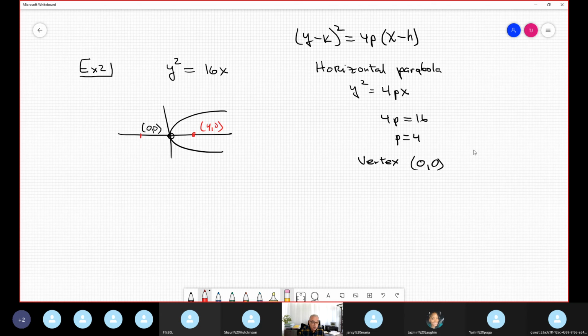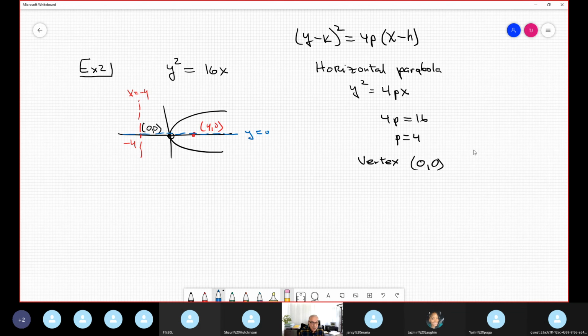Directrix is the negative 4 line, a vertical line, x equals negative 4. And the axis of symmetry is the horizontal line here, coincident with the x-axis, y equals 0.